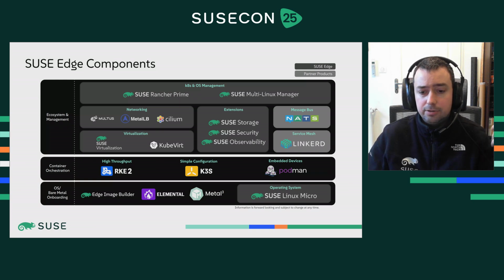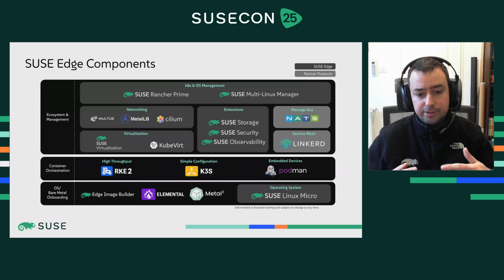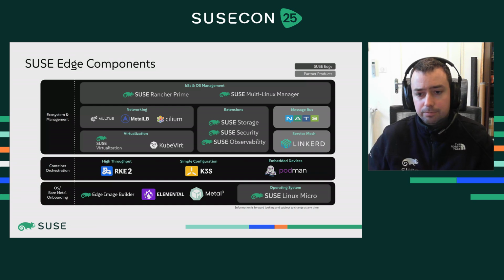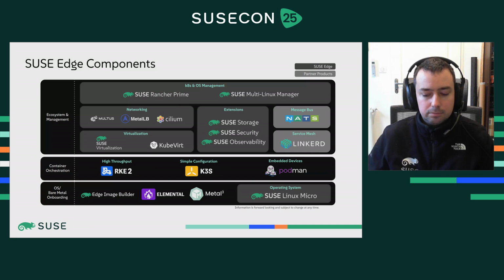Or you can use things like Elemental, Metal3, or Edge Image Builder to deploy other clusters and have all your edge clusters for all the locations, all managed through a central cluster and deployed using the same tools and the same base image for all your locations.